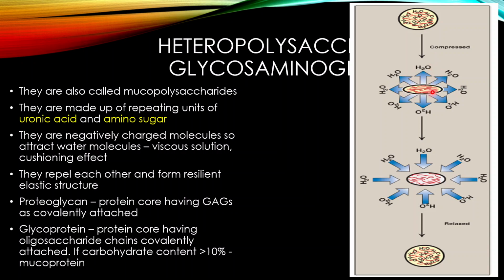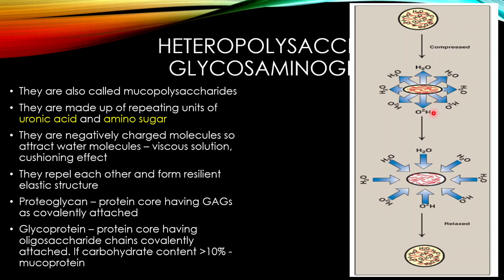And this glycosaminoglycan is negatively charged, and let's say we have another glycosaminoglycan, GAG, over here which is also negatively charged. So this negatively charged and this negatively charged, they repel each other. So they have an outward force which is developed along with water. So when we have compression, this force is counteracted by the outward force of the water as well as because of the charge of the glycosaminoglycans.